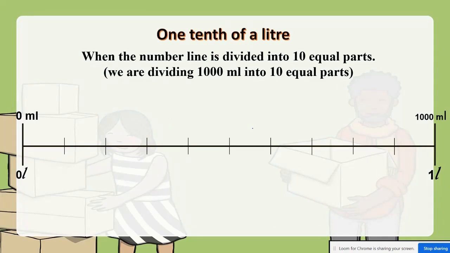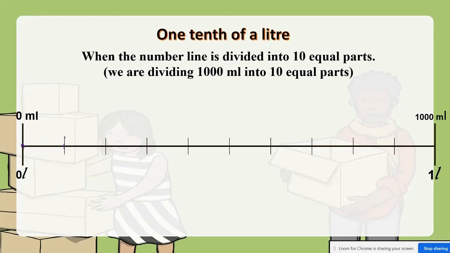So this is how 1/10 of a liter would appear on a number line. You can see the number line is divided into 10 equal parts. So from this point to this point, it would be 100 ml.